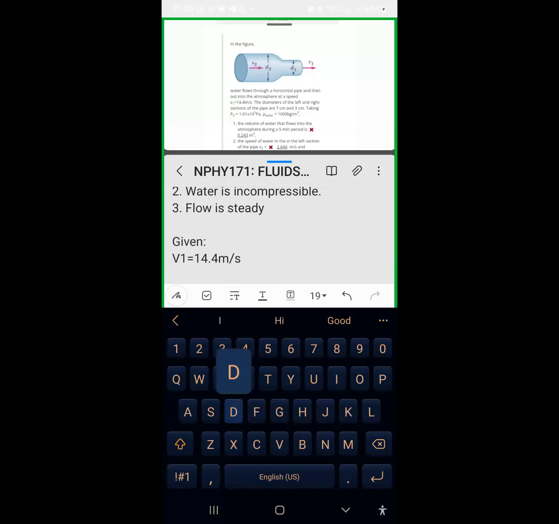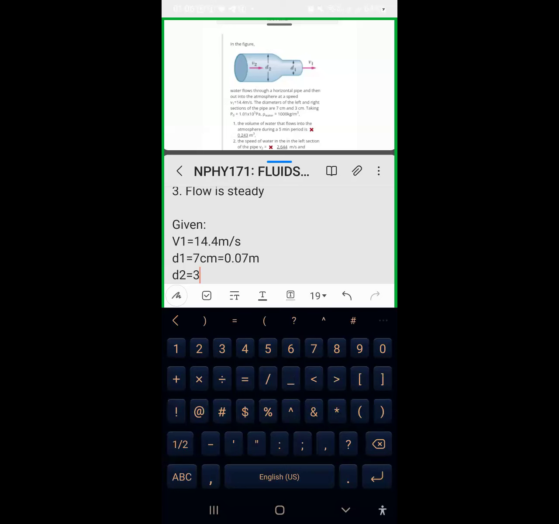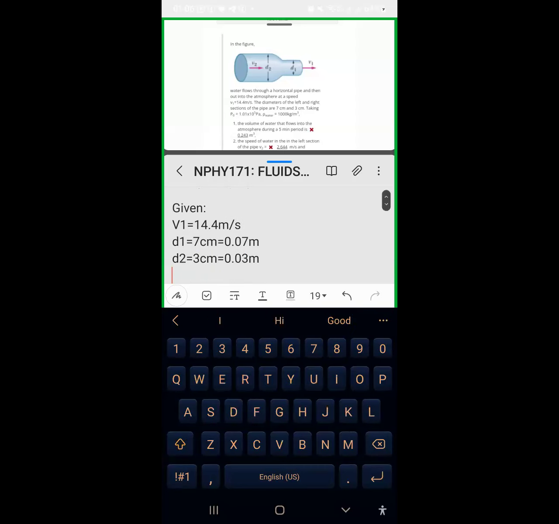So D1 is equal to 7 centimeters, which is 0.07 meter, and D2 is equal to 3 centimeters, which is equivalent to 0.03 meter.